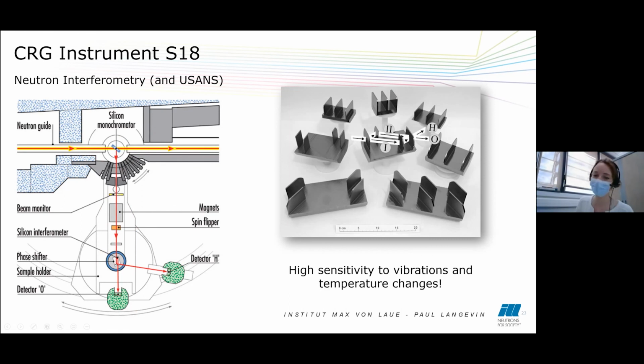By the way, the neutron interferometer is not limited to this very strict E-shape that I've shown before. The choice of the interferometer geometry is mostly based on the size of the sample. What is interesting about the S18 instrument as well is that USANS measurements can be performed here, which means small angle scattering measurements at very, very low Q.